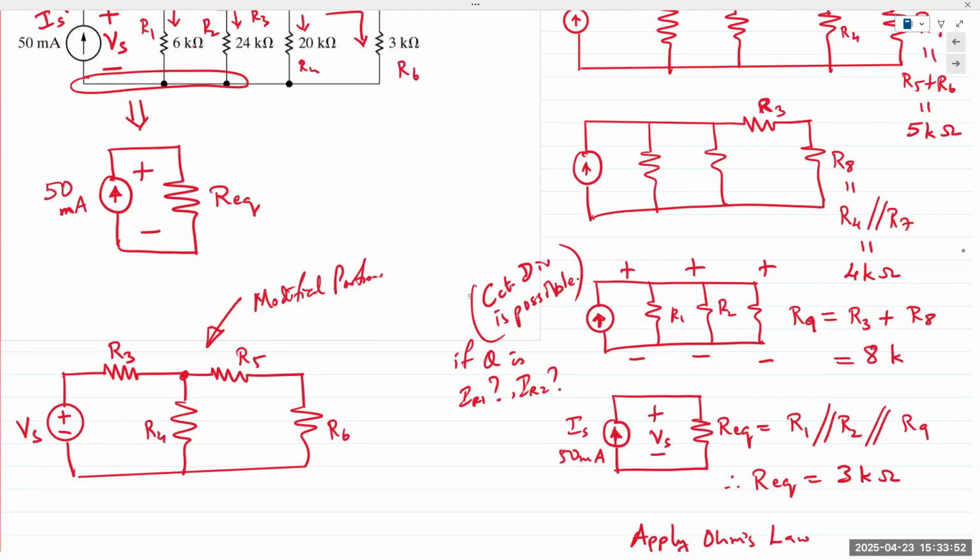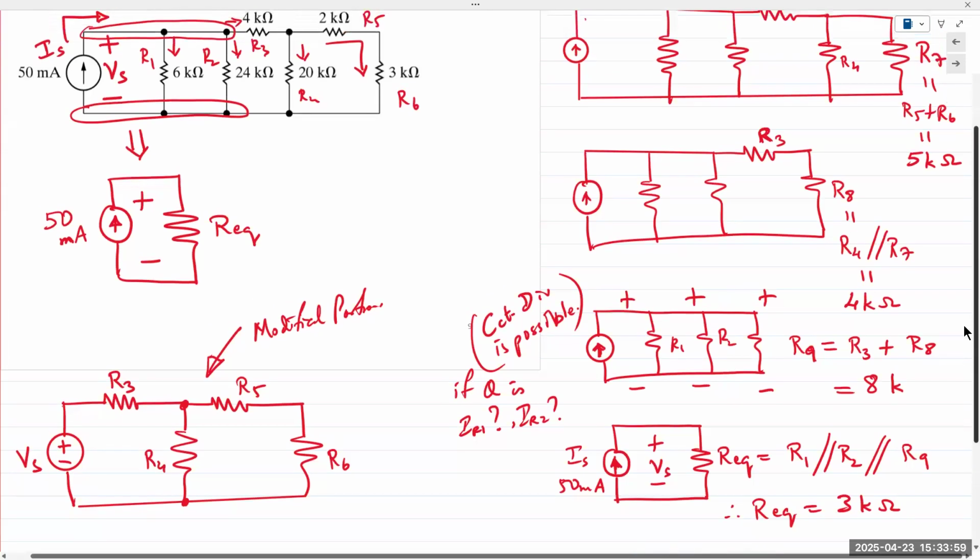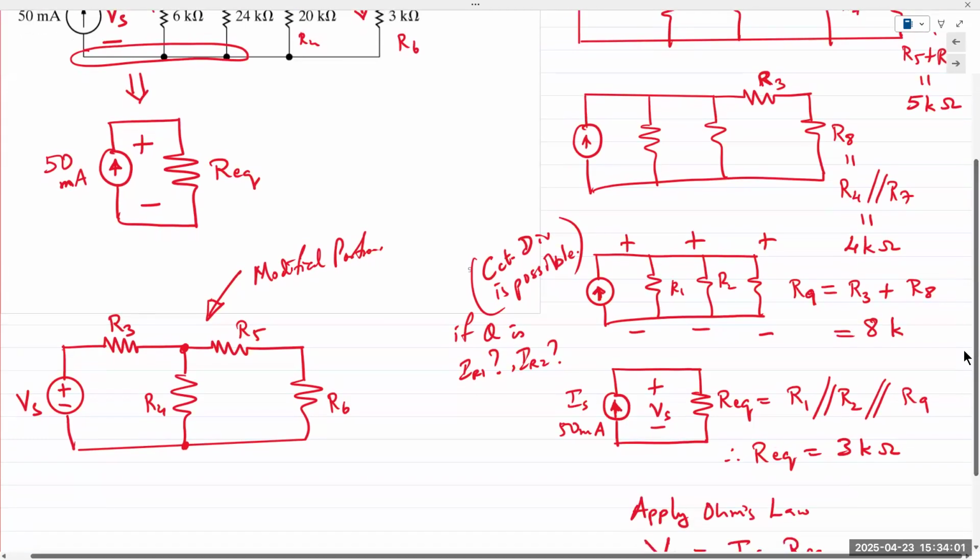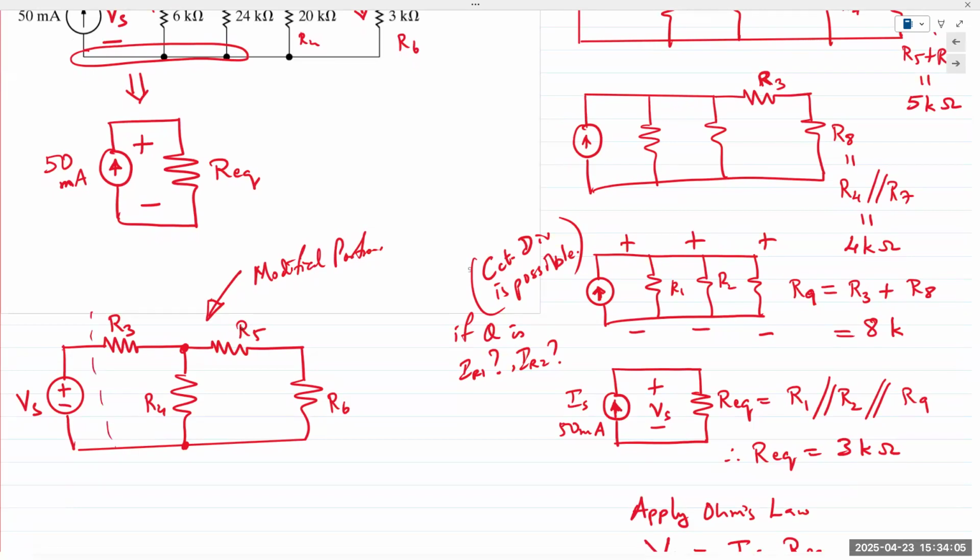We can find the voltage across here because we know R8, right? And we know R9. Right? R9 is basically comprised of all of this. This is R9.